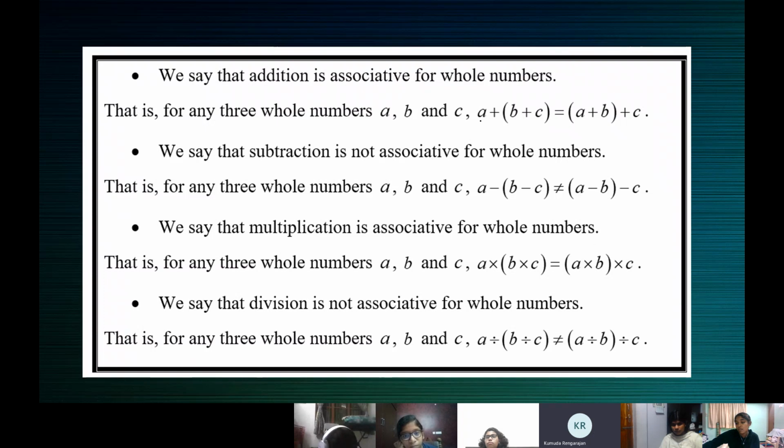When you take three numbers and group B and C, or group A and B, and you add, you'll get the same answer. But with subtraction, you will not. Multiplication, the same answer. Division, not the same answer.